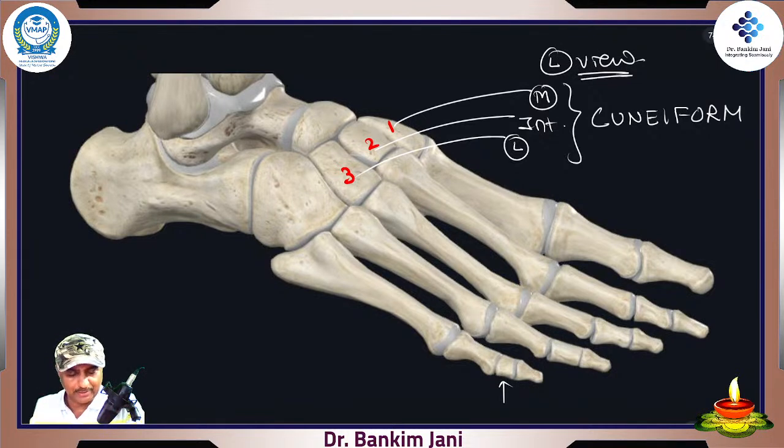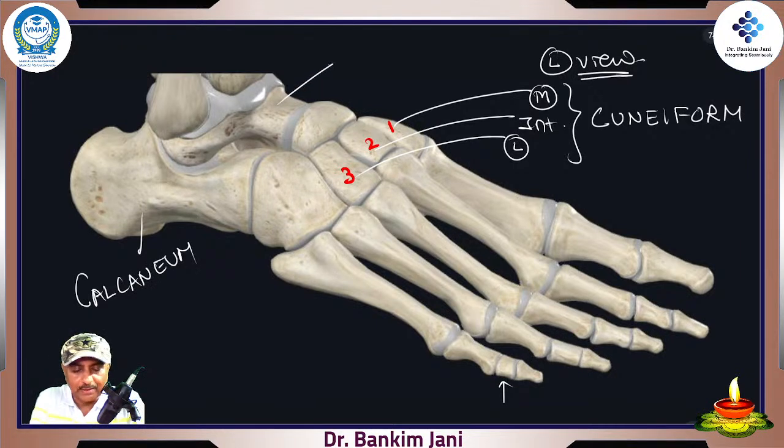Right now, we are talking about the ankle, right? See, this one is calcaneum, correct? This one is what? Talus, right? Because talus is in with the tibia. And this one in between, that is navicular, correct?